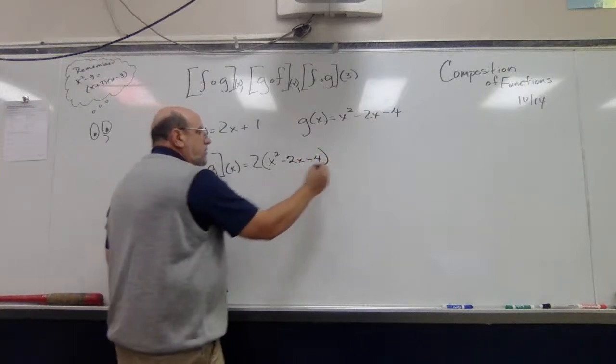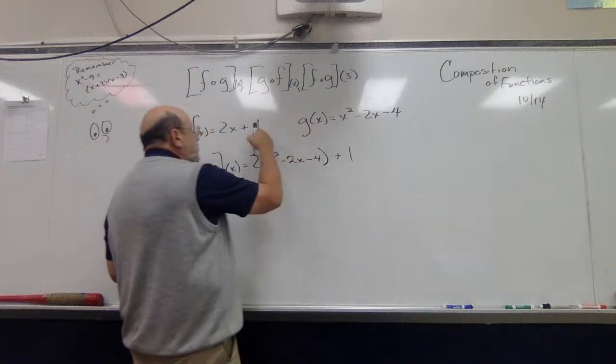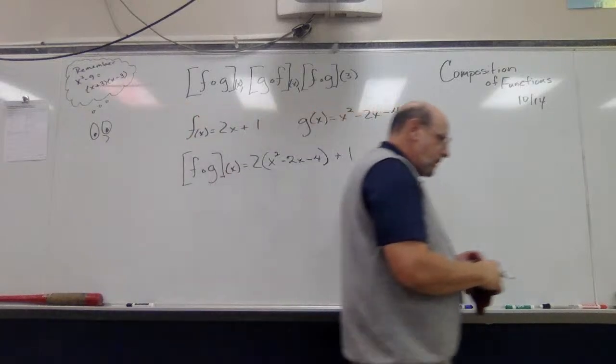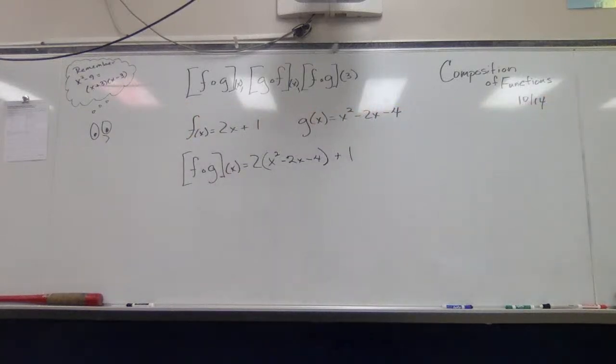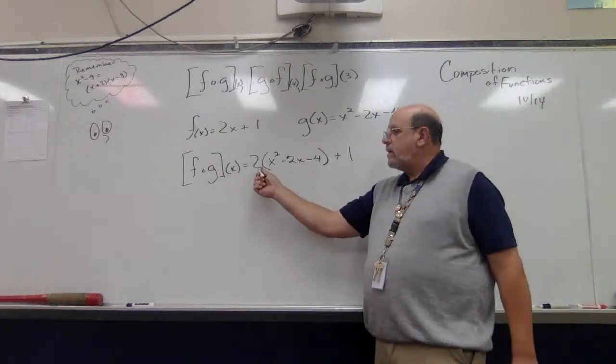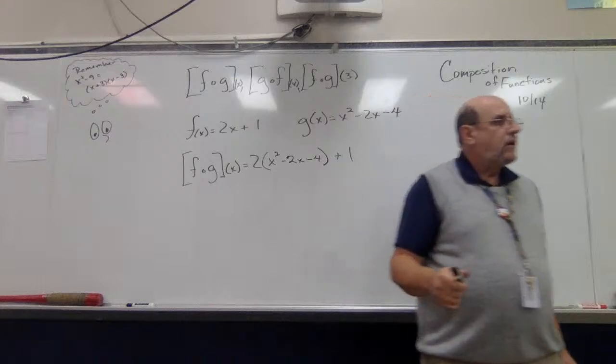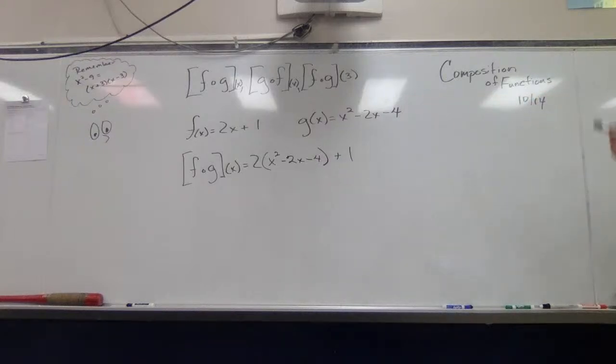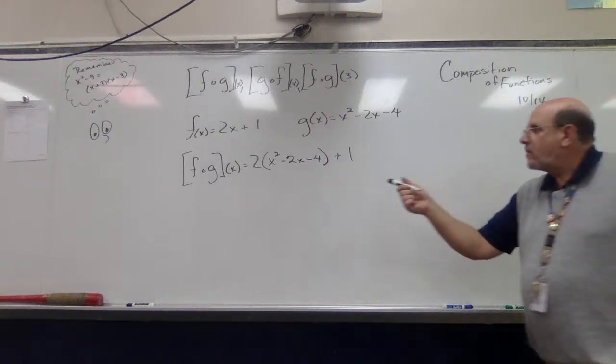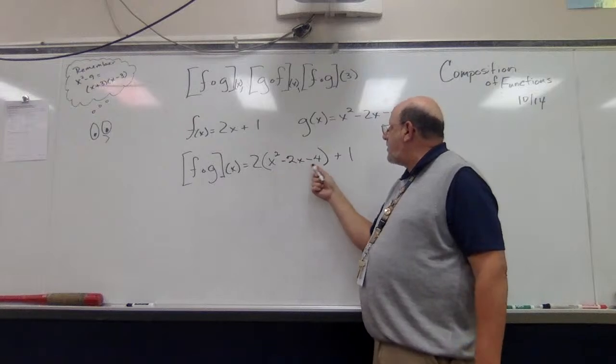Close the parentheses, and then add 1 because there's no x here, right? I don't have to do that. So what does this 2 outside the parentheses mean? Multiply. So multiply every piece inside by 2.